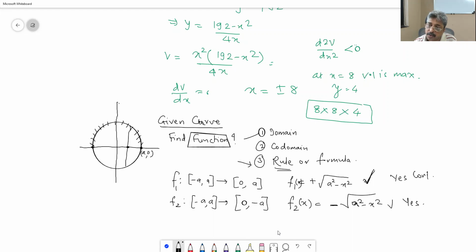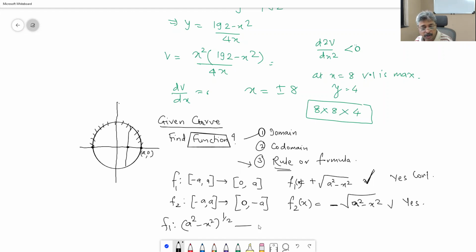Because of the simple reason that, if you observe this function, say for example f1 is a square minus x square raised to 1/2.